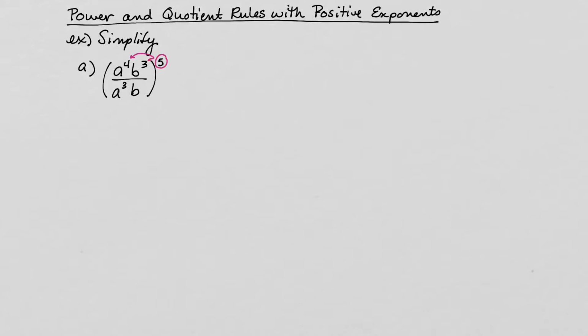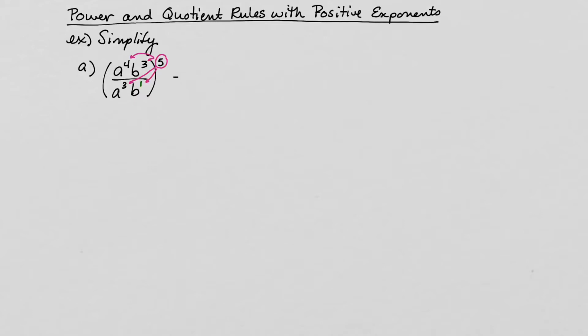Now remember a couple things. One of the things to remember is that this b down here doesn't have an exponent, but it's really a 1. When you have a variable and there's not an exponent written, it's really being raised to the first power. The other thing to remember is that when we distribute this exponent, we multiply.